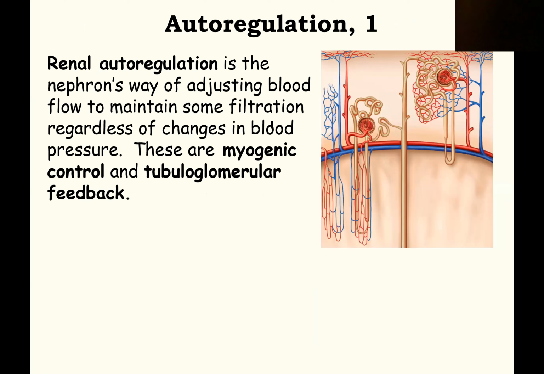Okay, another way. It's called renal autoregulation. There's 2 parts to renal autoregulation, but it's a way for the kidney to self-regulate. So you have built-in anatomical and physiological processes. The kidney's going to tell itself what to do.